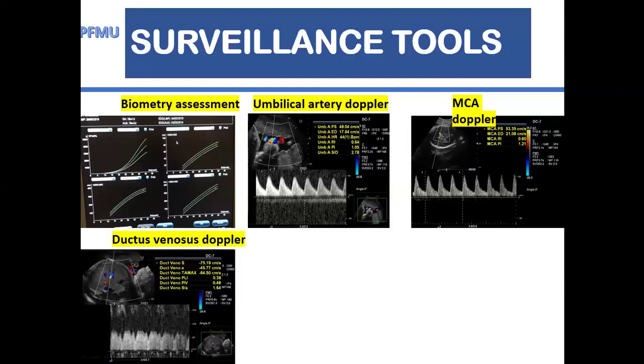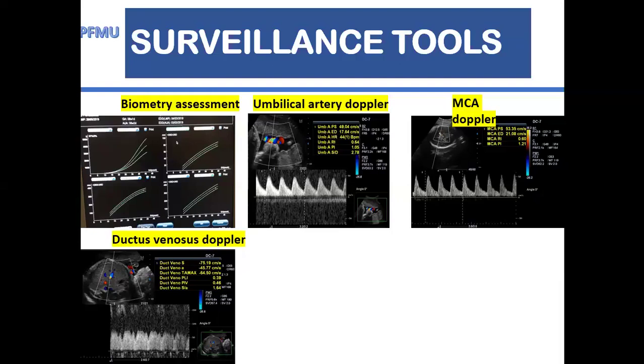Okay. In the ductus venosus, when they are becoming progressively worse, it starts with the reduced A wave, which is the trough between the two waves.